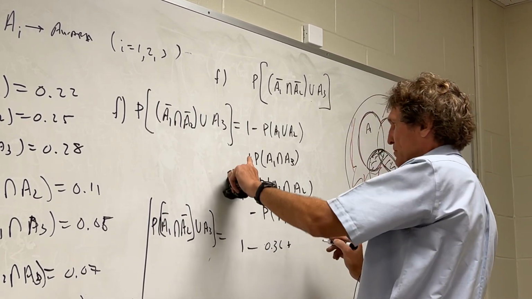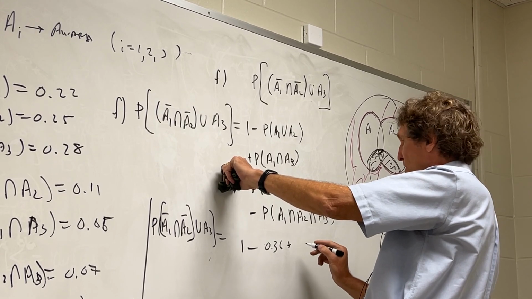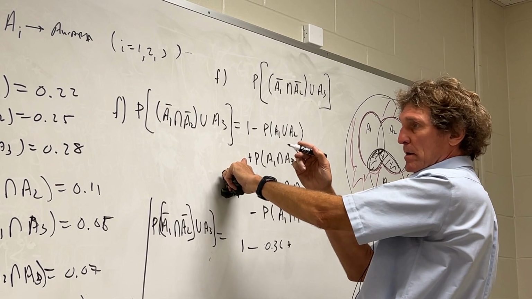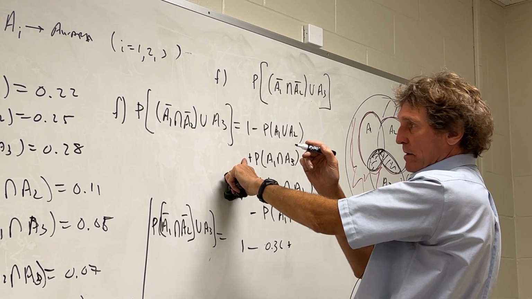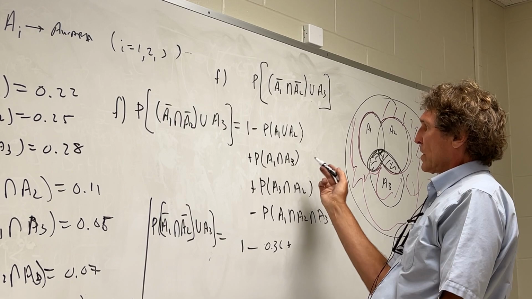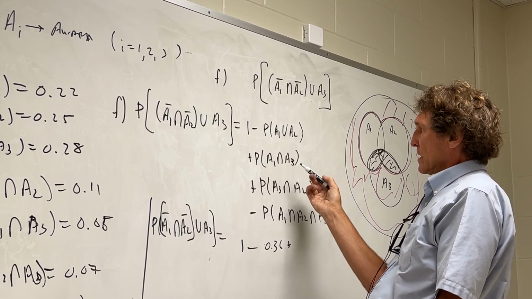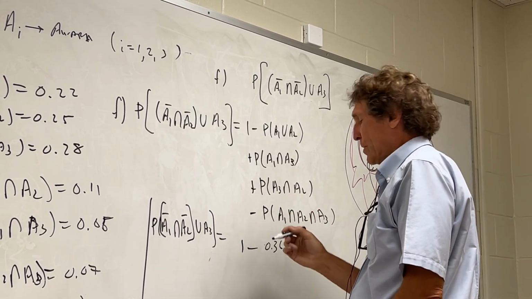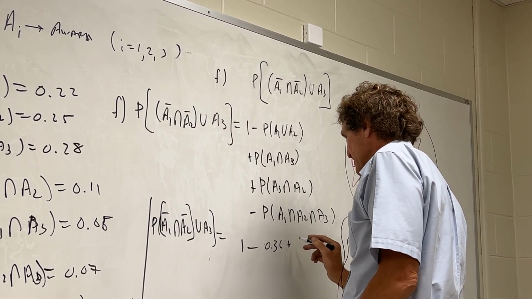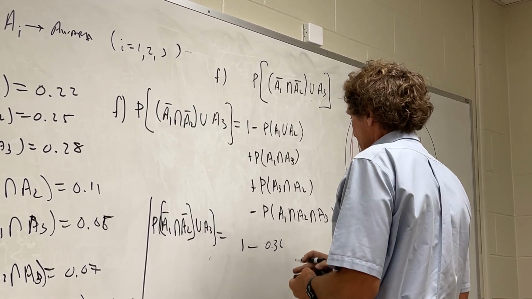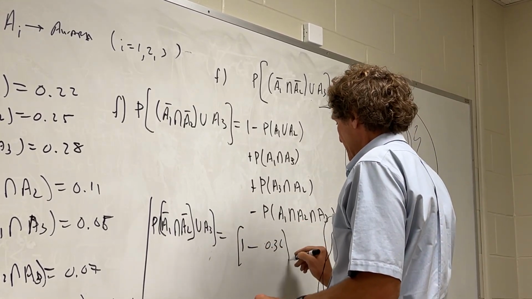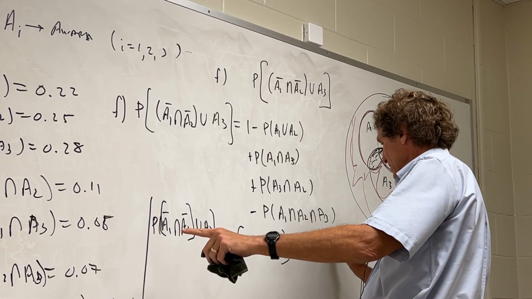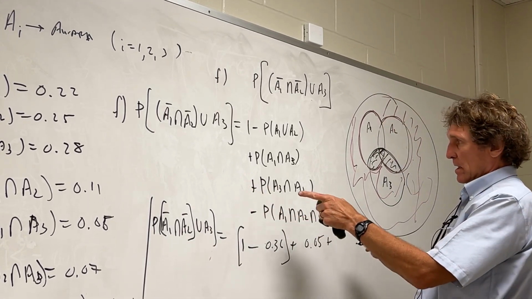Plus, what's this? 0.28? Is that right? Oh, wait, no, it's 0.05. It's written right there, the intersection of A1 and A3 is 0.05. So it's going to be plus 0.05, right? Yes, sir. Plus 0.07.